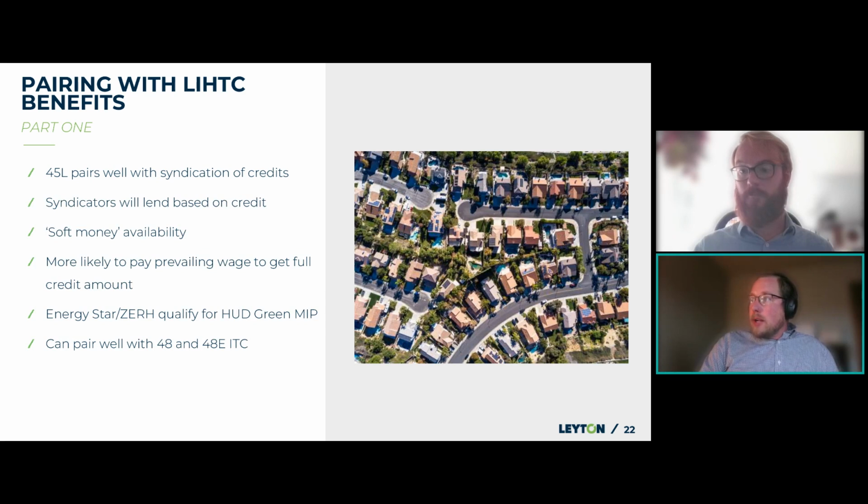So as we mentioned, there are lots of benefits to pairing additional credits with LIHTC. We've talked about the 45L working well with the syndication of credits for several reasons. On a technical standpoint, building codes more and more recently are requiring energy efficiency measures simply to get permit sets approved.